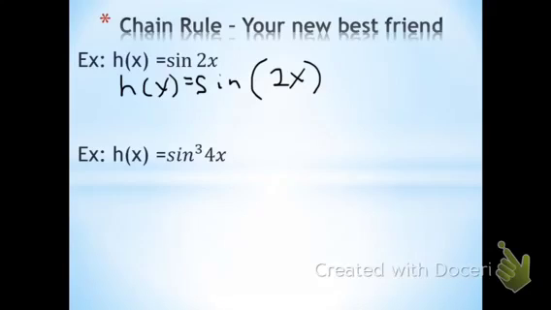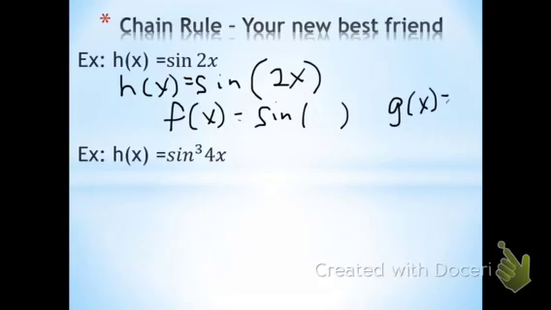Can you see the outer function? The outer function is sine of something. The inner function is the 2x. Okay, what's the derivative of sine? Well, the derivative of sine is cosine.